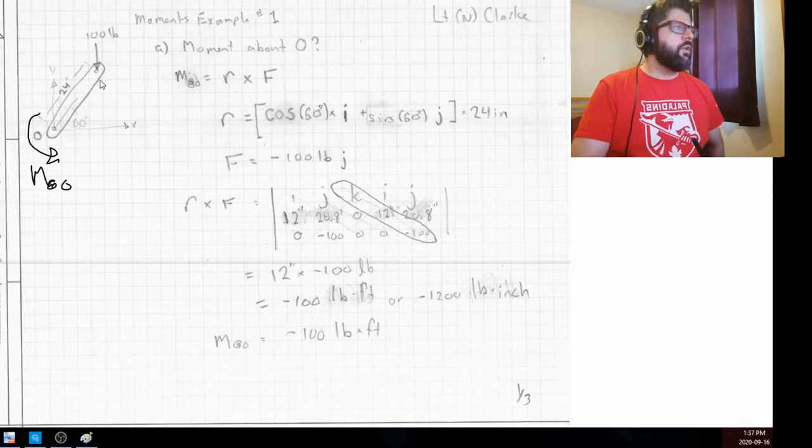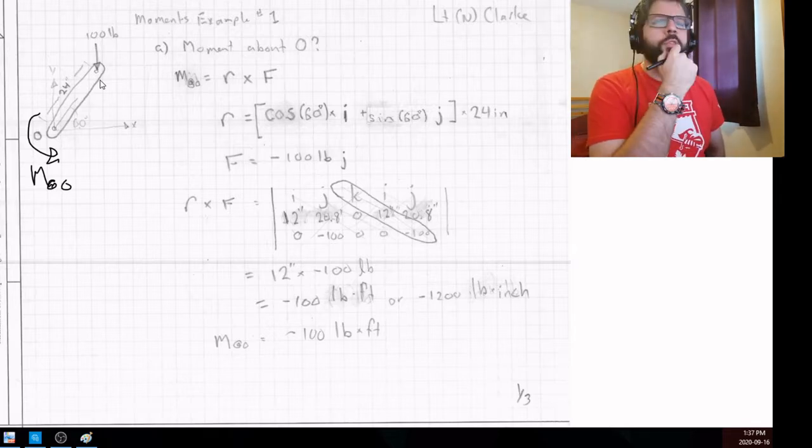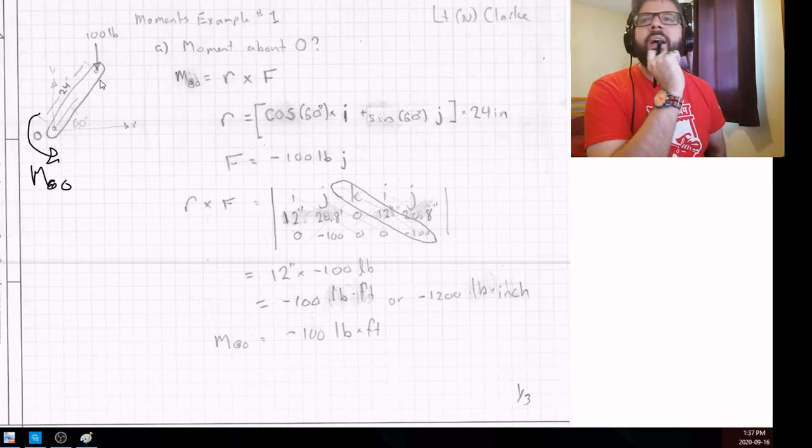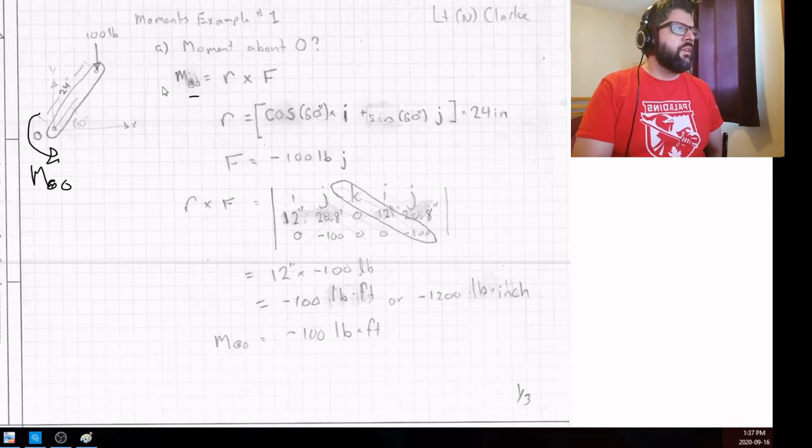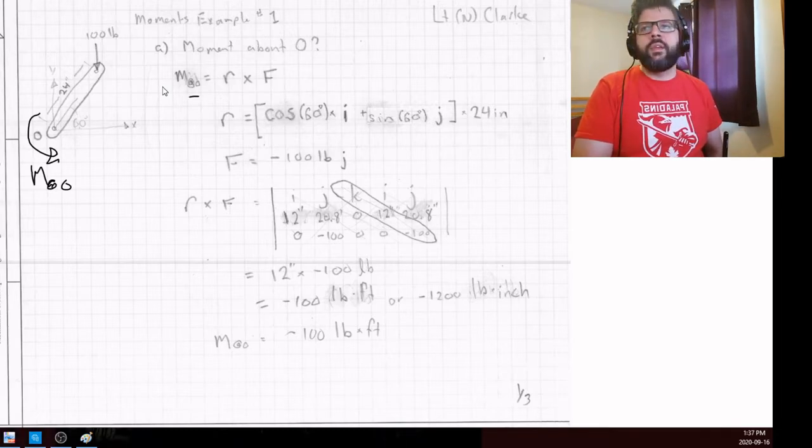The most foolproof way to go about doing that is essentially to go back to the original definition of your moment. The moment about a point is equal to the vector of the displacement from that point to the point of application of the force.